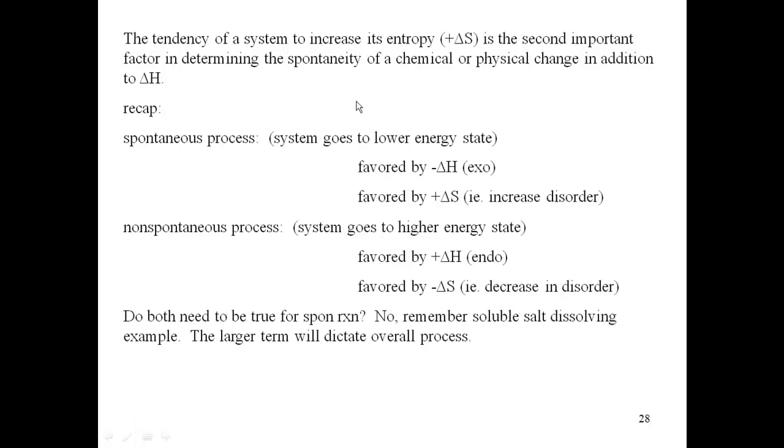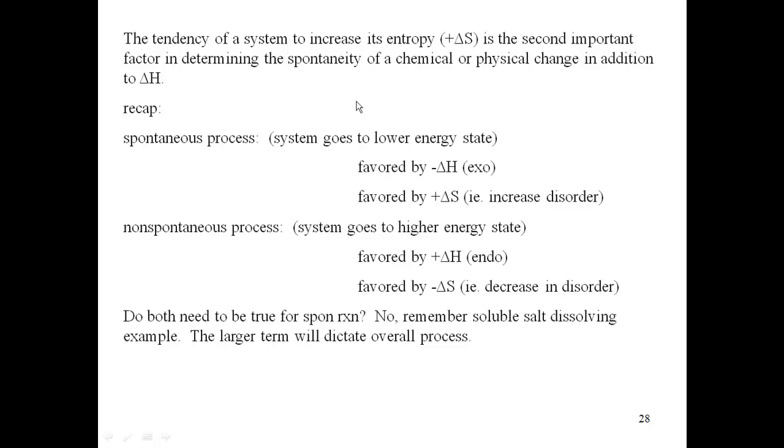Now, what if we have a contradiction? Say we have an endothermic process, which favors a non-spontaneous process, and an increase in disorder, which favors a spontaneous process. What happens in that scenario? Is it spontaneous or non-spontaneous? Well, it goes back to the example we just talked about: I don't need both of them to be true. One of them is going to be bigger than the other and will dictate the overall process.